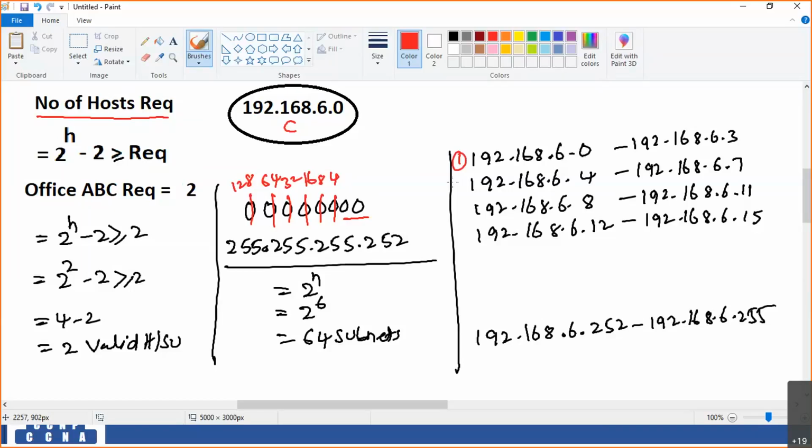With this example that you were telling, 192.168.6.0, after that how did he come to 6.4? What is the meaning? The 64 subnets are divided into how many IPs? First of all, now we are coming from host to network.